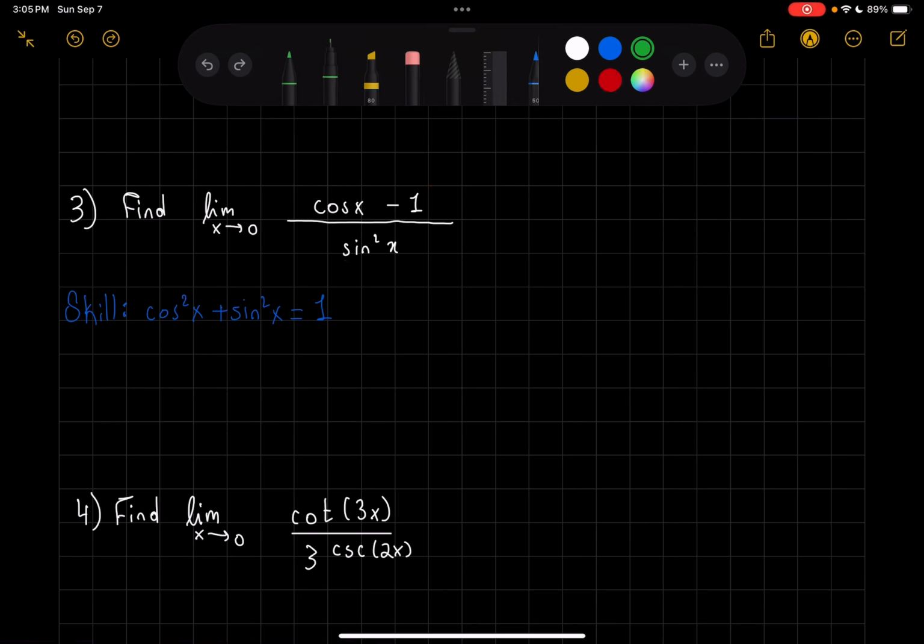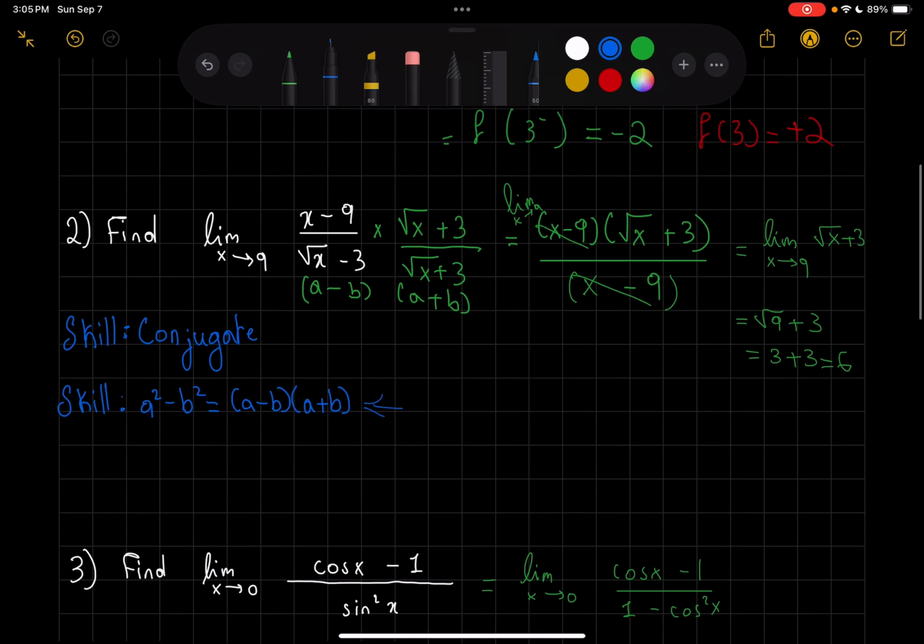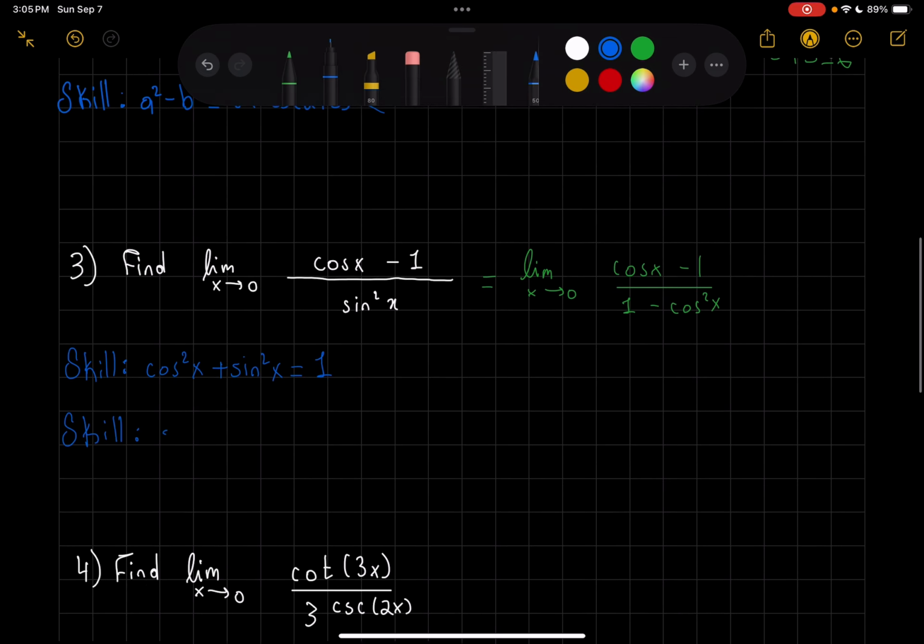So what I'm going to do first is substitute sine squared x with 1 minus cosine squared x. So I'm just going to move the cosine squared x over here, and then it would be 1 minus cosine squared x instead of the sine squared x. Now, the second skill that we're going to use is the same skill we used earlier, a squared minus b squared is a minus b times a plus b.